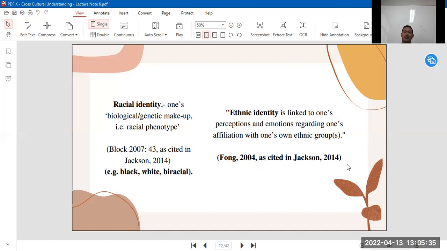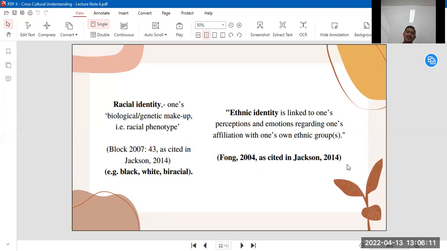Minority members, if we are talking about language, may speak a different home language. They may also practice a different religion, wear clothing that is particular to their group, and maintain customs and traditions that distinguish them from the majority.